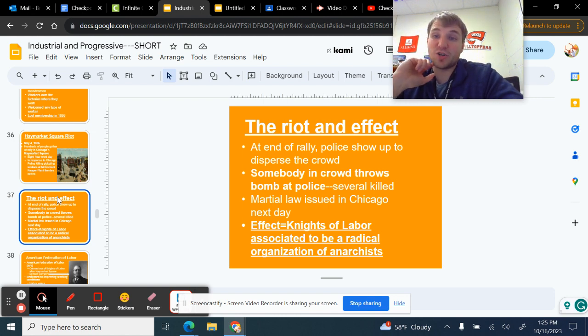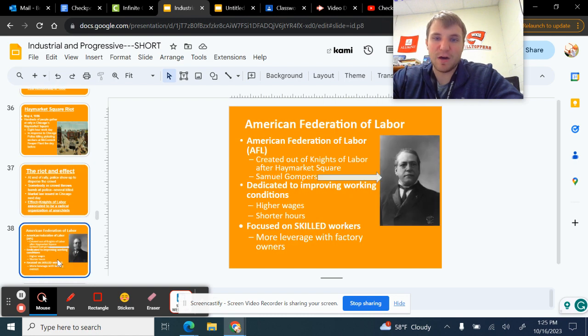Radical means you're on the extreme of something, right? Anarchist means you don't want any government. So think about it: are you going to want to be a part of an organization like that? Probably not. So the Knights of Labor starts to see a decline in membership, and this leads to the AFL, the American Federation of Labor, that was created by Samuel Gompers. All right.